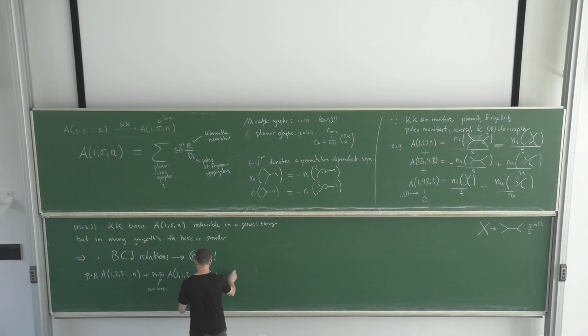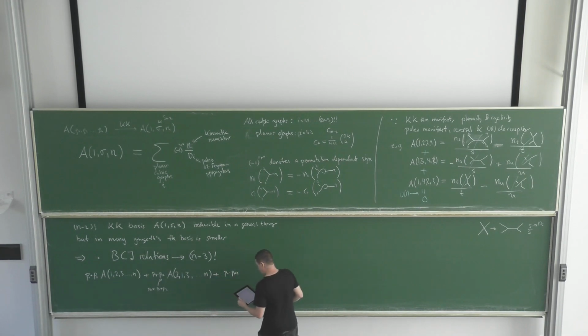And so we just keep doing that. So that's going to be P1 dot P1,2,3, A(2,3,1,...,n). And then, well, just add more.